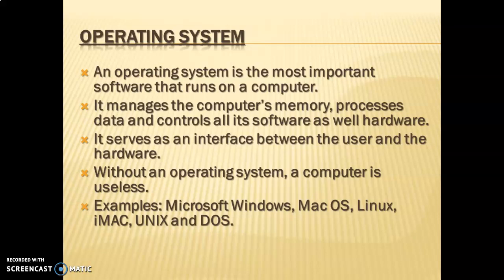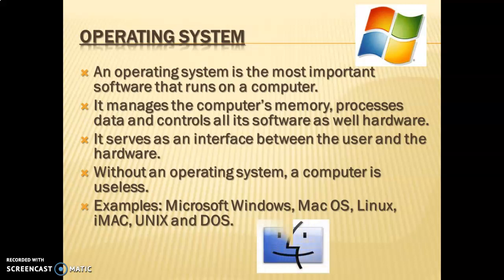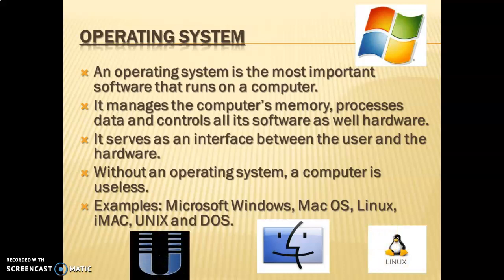These are all the different examples of the operating system. You can see, this is the icon of which operating system? Windows. This is Mac. This is Linux. And this is Unix. These are all the different logos of the operating system.